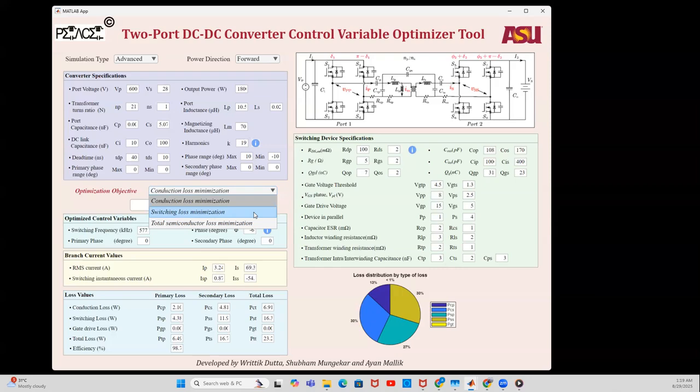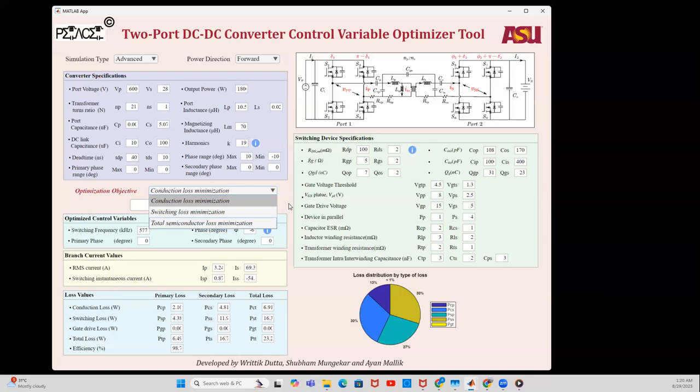Based on the comparison between these control variables, one can select the one that is most optimal in terms of the conduction loss, most optimal in terms of semiconductor switching loss, or most optimal in terms of the total combined loss for the semiconductors. As a result, we have defined these three optimization objectives by minimizing those three functions.